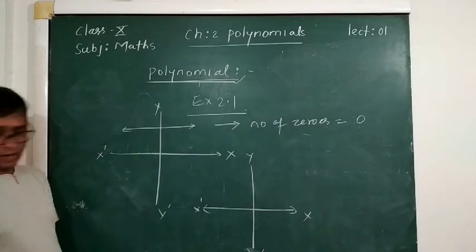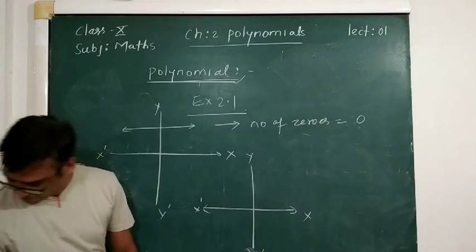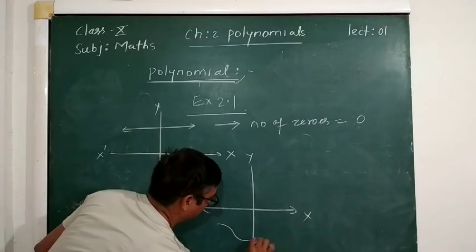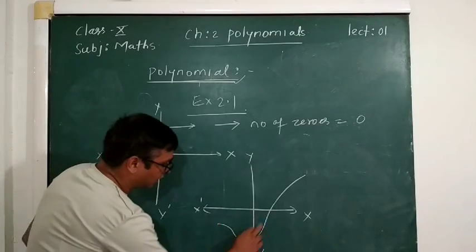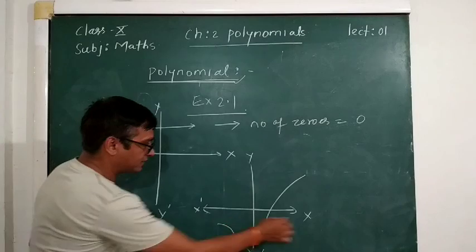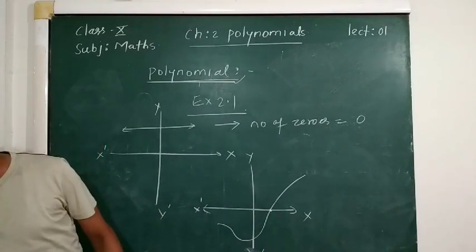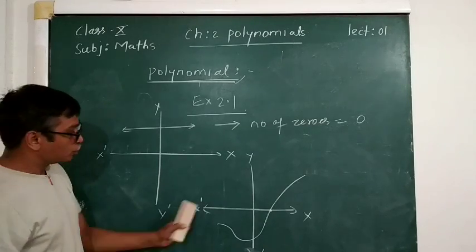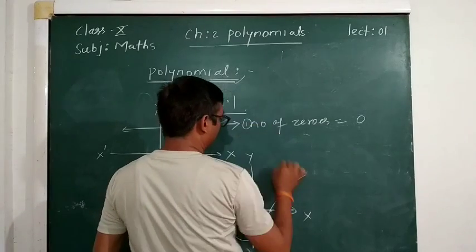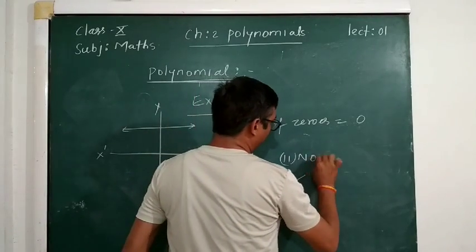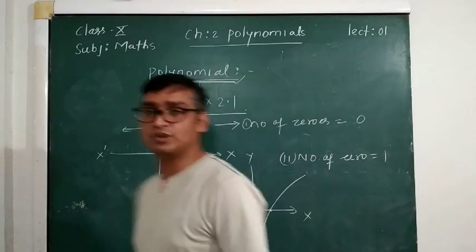Now in this we can see that this curve is intersecting the x axis at only one point. So what will be the number of zeros? For the second, the number of zeros is equal to 1.